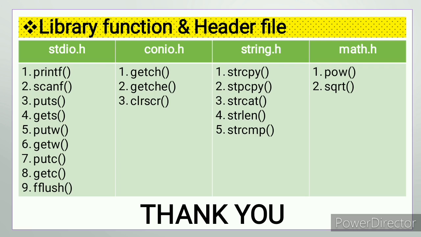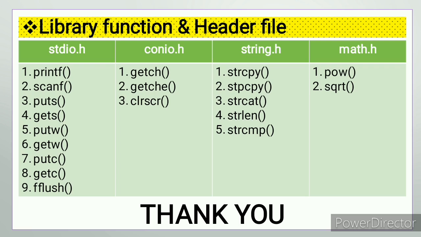Same thing, if we use getch or clrscr, you must include hash include conio.h. Same thing, strcpy, strcat, strlen, strcmp. If we use these kinds of functions, then you must mention hash include string.h.